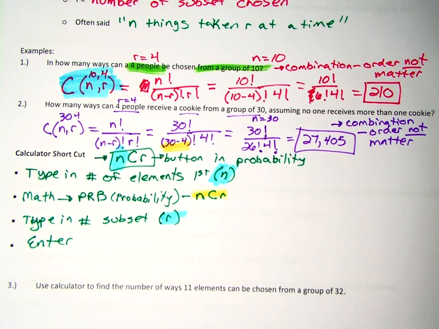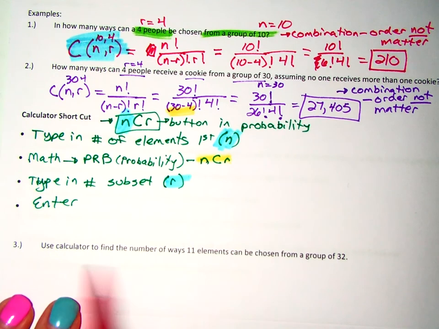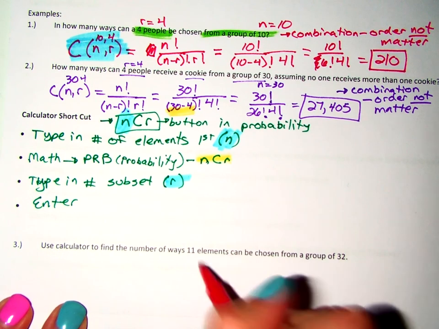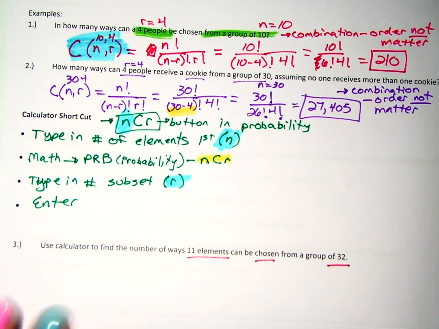So let's try number 3 and use our calculator to do it. Number 3 says use the calculator to find the number of ways 11 elements can be chosen from a group of 32. Okay, so again, the first thing we need to ask ourselves is, does order matter?